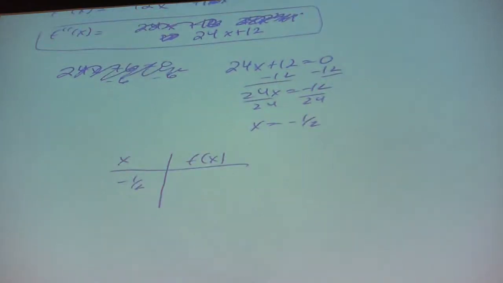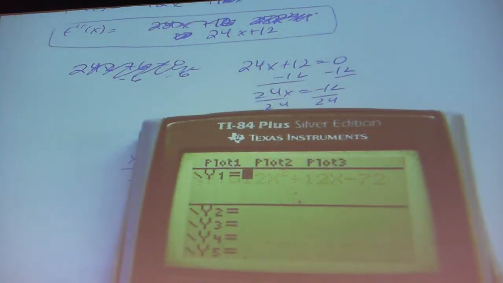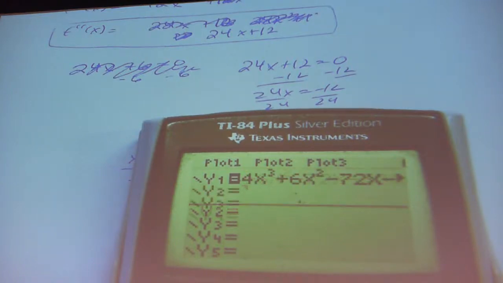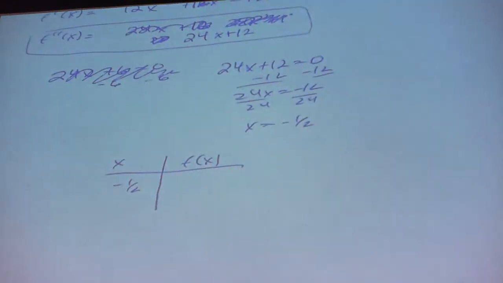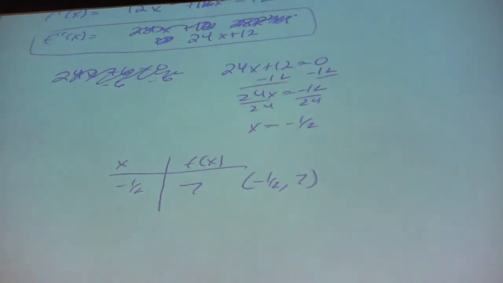Okay, so go to y equals, type in the original, carefully watch out for mistakes. Then go to the table, type in our inflection point, negative 1/2. We get negative 1/2, 7. So that's a possible inflection point at negative 1/2, 7.